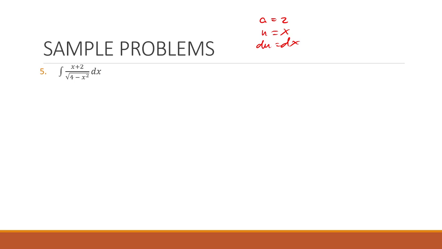Okay? So what we can try next is to attempt to apply simple na direct na u sub. Okay? Let's see what will happen if we apply direct na u sub. So let u be equal to 4 minus x squared. Okay? du is negative 2x dx.